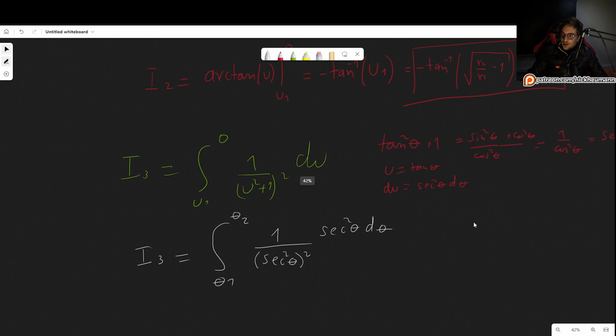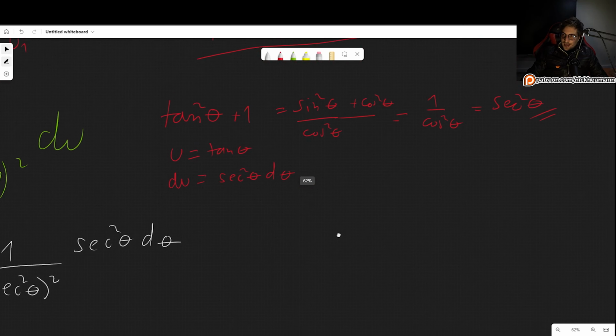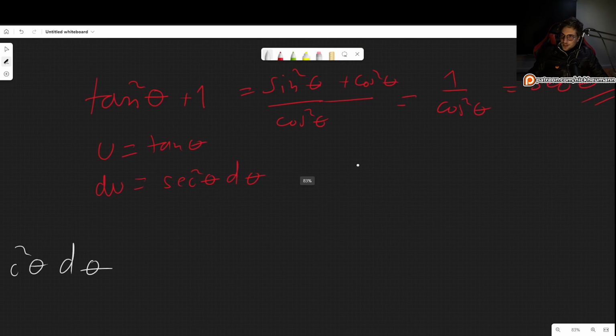Now what are the angles theta 1 and theta 2? So theta 1 from here, we can see, or in general, before we go into the cases, theta is the inverse tangent of u.